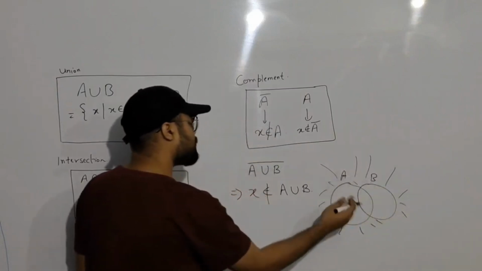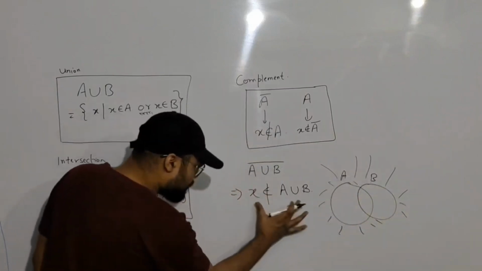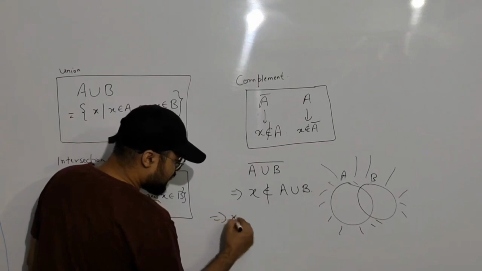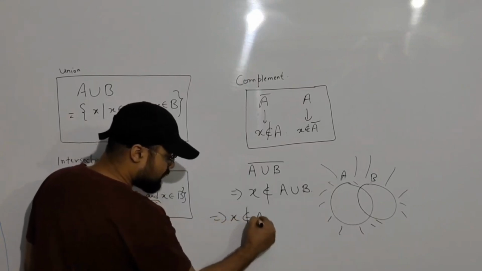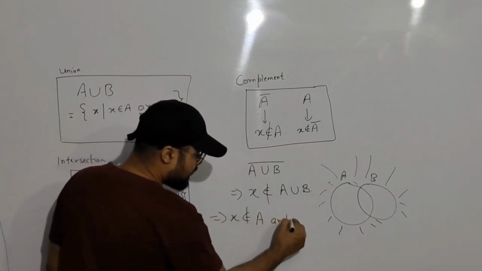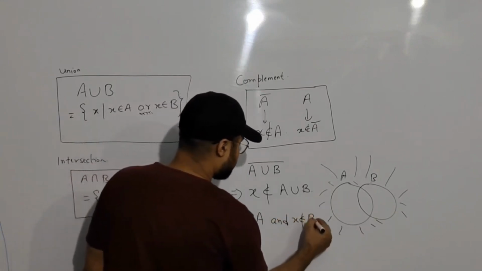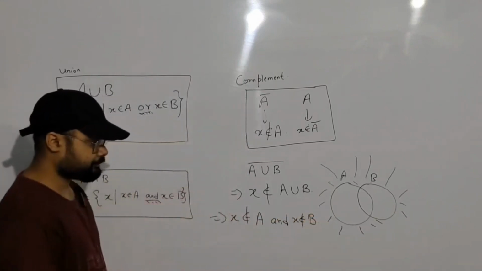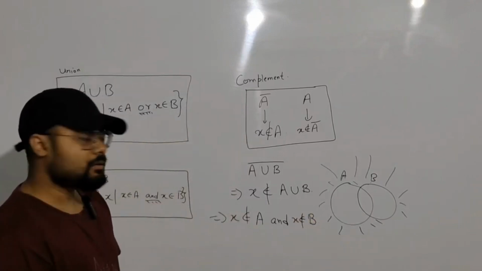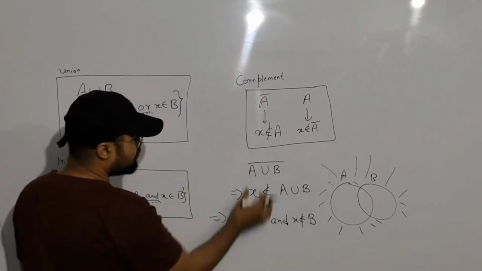The regions that do not belong to A union B. So what does it mean? It means that X does not belong to A and X does not belong to B.